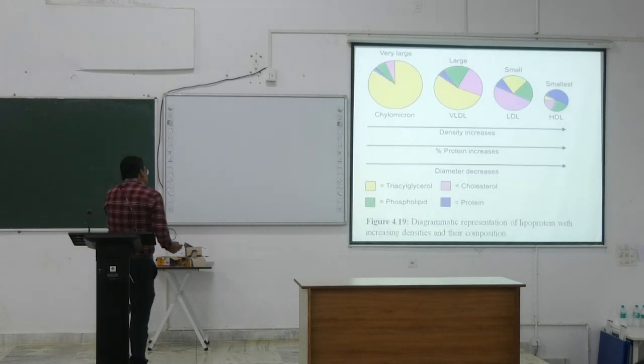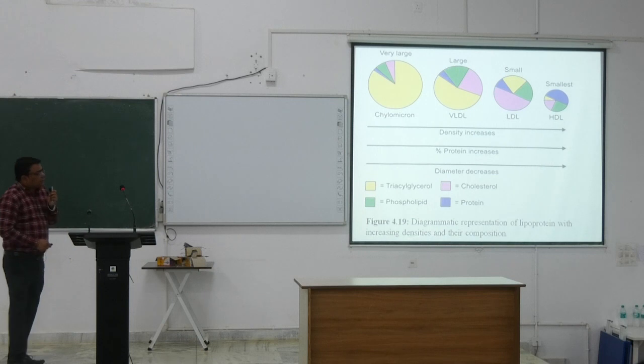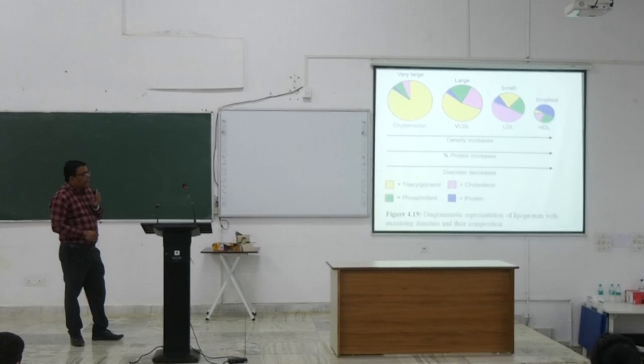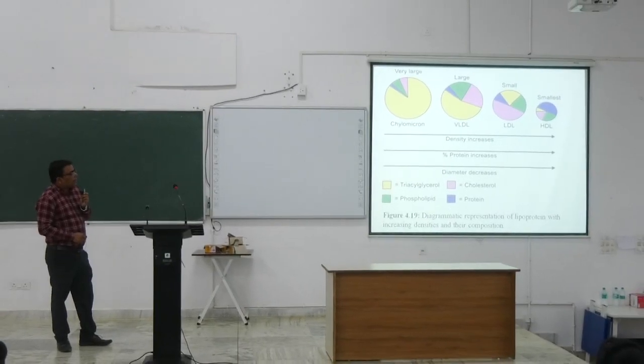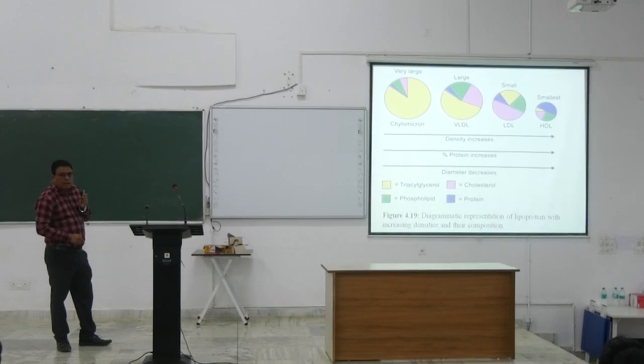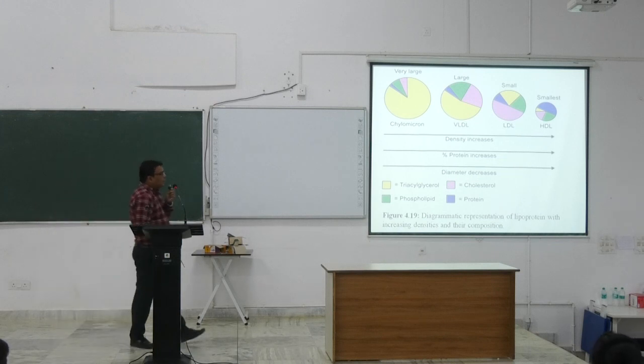So these are the fractions of lipoprotein: HDL is high density lipoprotein, LDL is low density lipoprotein, VLDL is very low density lipoprotein, and then chylomicron.